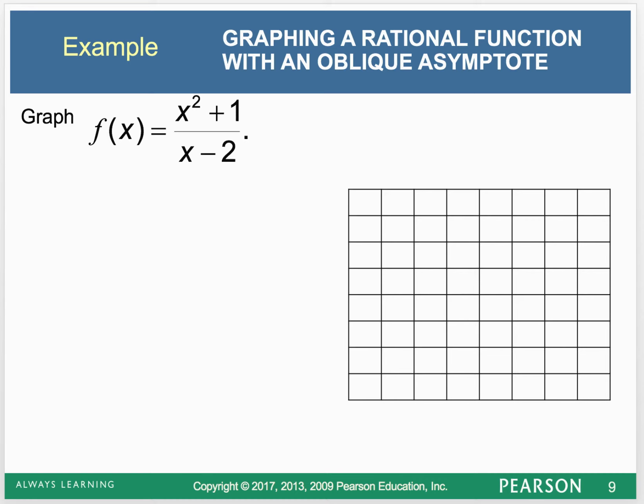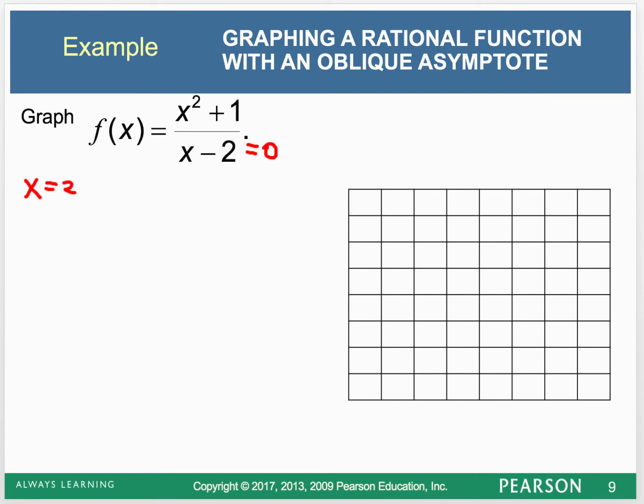Sorry. Okay, so this won't factor in the real numbers, so this won't simplify any. So our first step then is just to find our asymptotes. Vertical asymptotes are where the denominator equals 0. So we've got x equals 2.